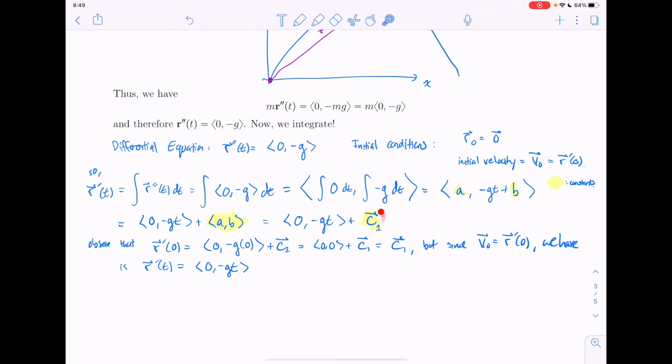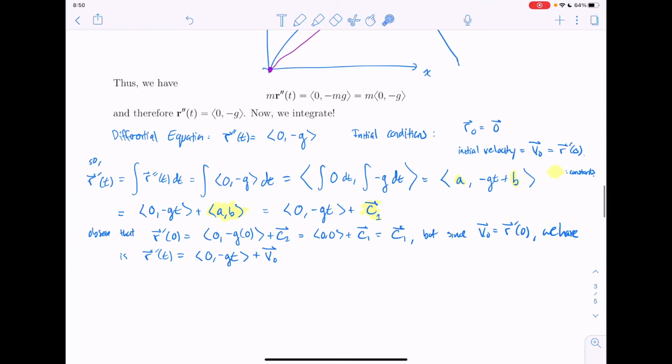However, this constant c is now equal to v naught, which is one of our initial conditions. v naught is an assumed item we had at the beginning of the entire conversation. So what that means is we've started with the second derivative, we've integrated it once, we used one of our initial conditions to solve for the constant, and now we have the first derivative. So we took, for example, some notion of acceleration, and we've yielded velocity.